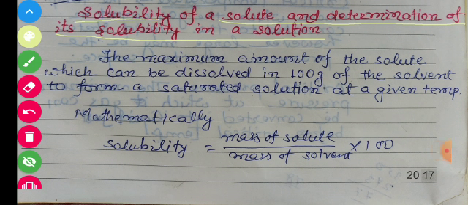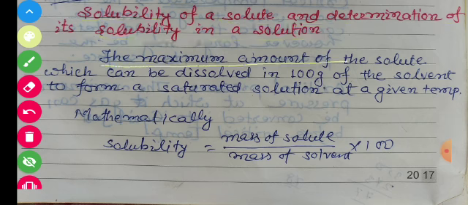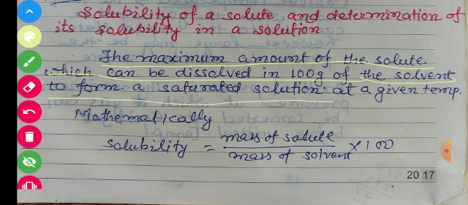The maximum amount of the solute which can be dissolved in 100 gram of the solvent to form a saturated solution at a given temperature is called the solubility of a solute.